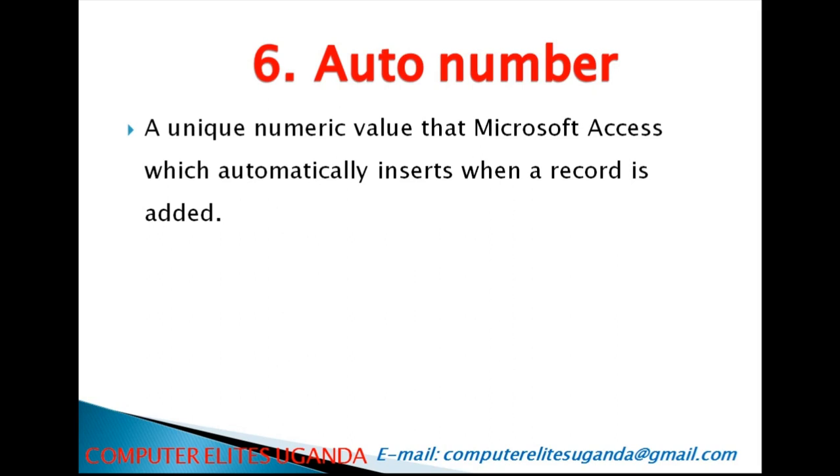They will not repeat anywhere. They are incremented by one basing on how you want it to be populated in the table. For example, you can have 1, 2, 3, so it is incremented by 1. So we always use AutoNumber as a data type.